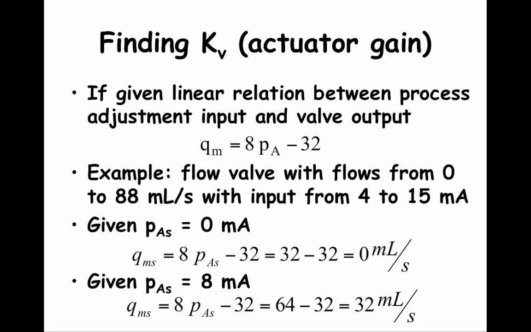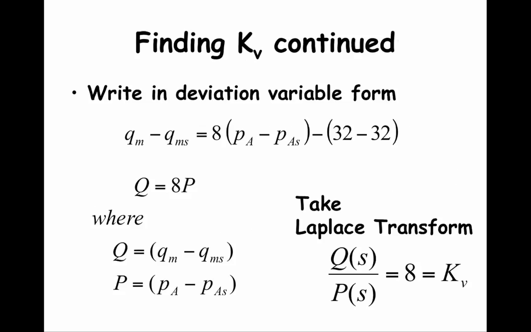Now we are told that the steady state control signal for the process is 8 milliamps. We can use the information to find the steady state flow rate through the valve. In this case, the steady state flow rate, Qs, is 32 milliliters per second. Now we take the difference between the valve equation and the steady state valve equation relating the control signal Pa to the valve flow rate Qm.